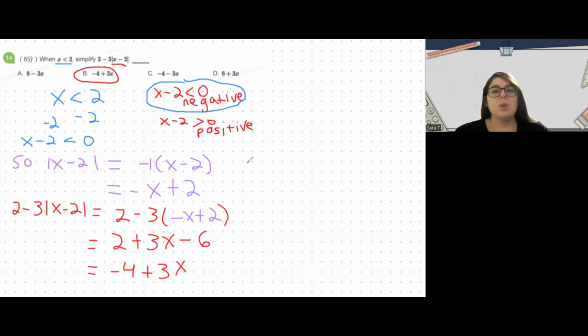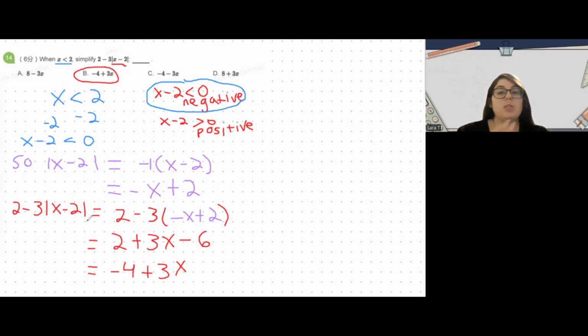Before we finish up, we're just going to do a quick summary. In order to solve this question, we had to use the given information to determine if what was inside the absolute value, x minus 2, was negative or positive. So we took away 2 from both sides, and we determined that x minus 2 was less than 0, which meant it was negative.